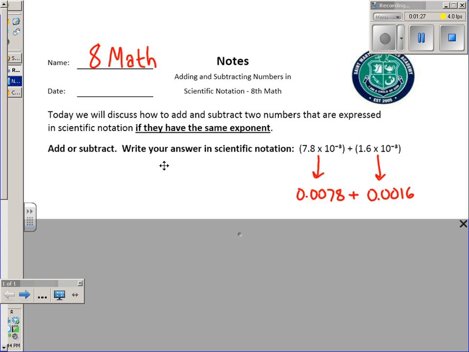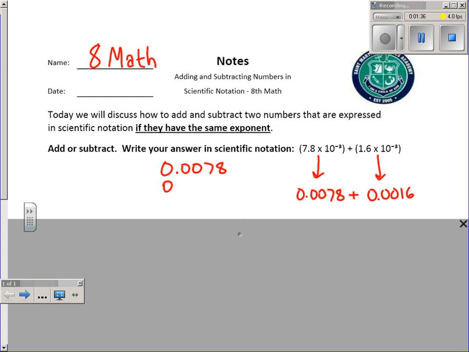The way we add them, just like we always have, is we line up the decimals. And then we just add, make sure we carry that one, bring down the decimal.